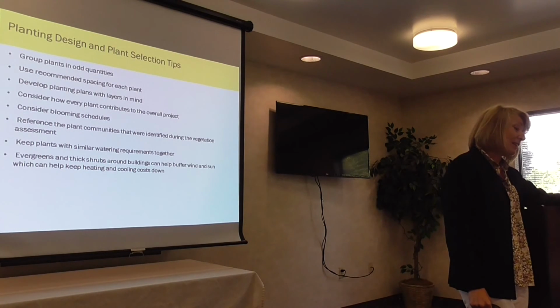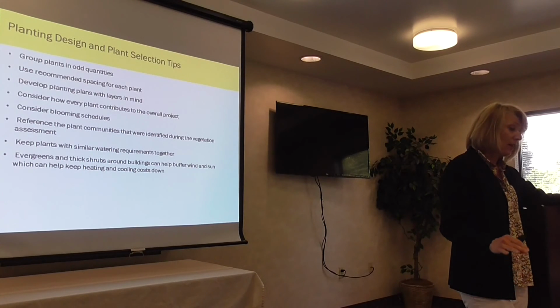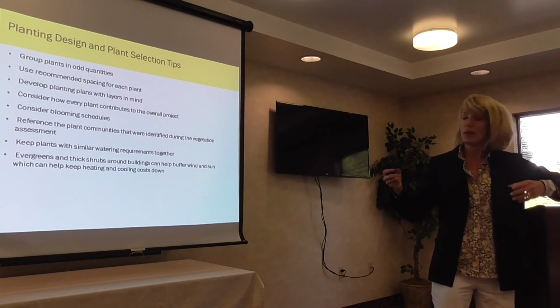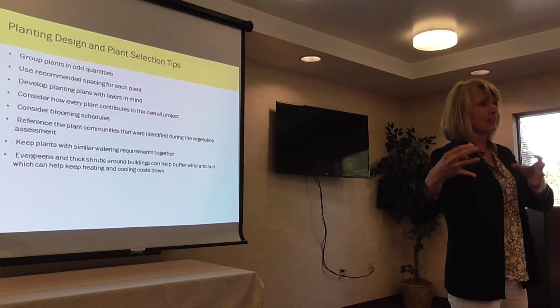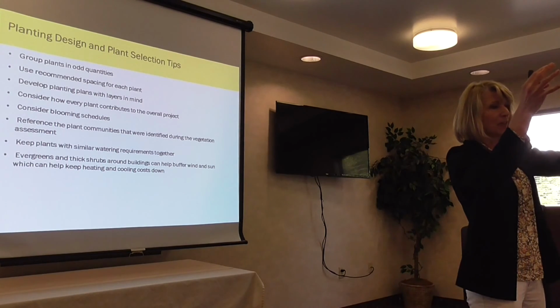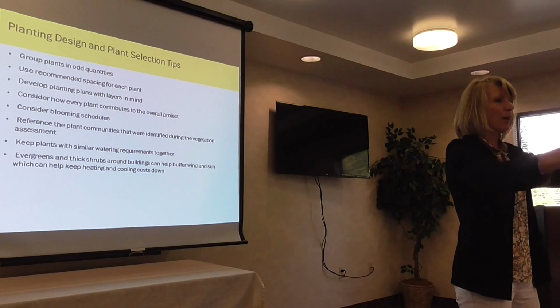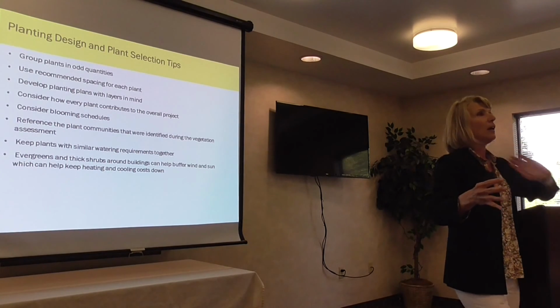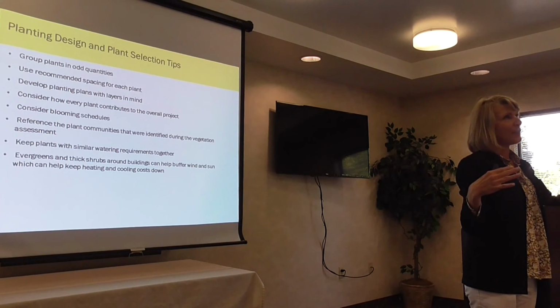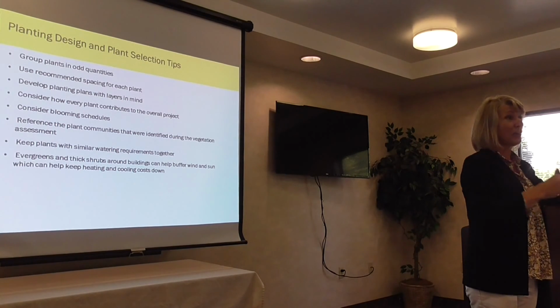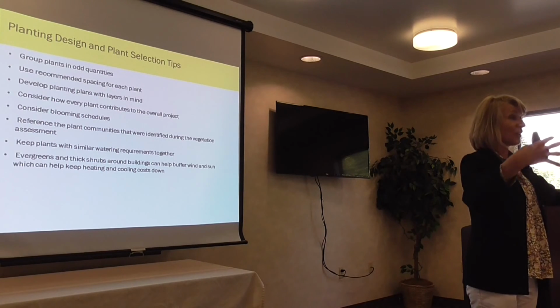I've even seen, as opposed to creating drifts of species, so having your asters and then having your marsh marigold, starting to intermix them a little bit more, because what happens is your asters aren't going to come in until much later, and then you're going to have holes.